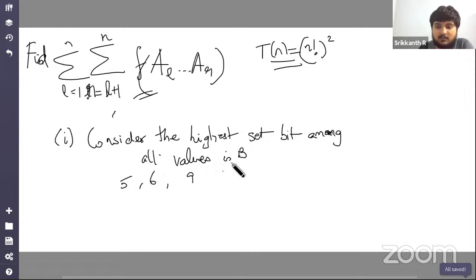In this case, the highest set bit is 3, which is there in 9, 2 power 3. The third bit is set in 9, which is the highest among all the values.